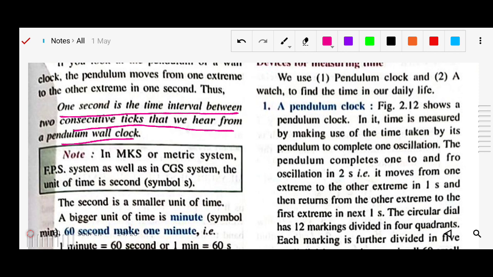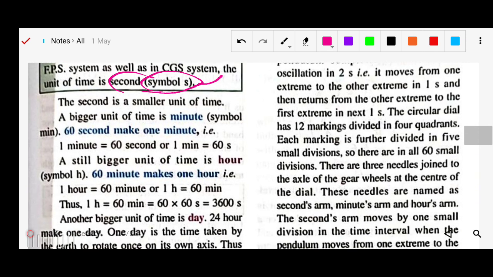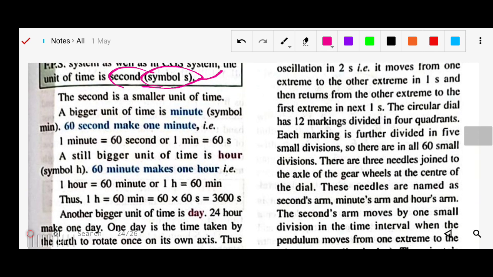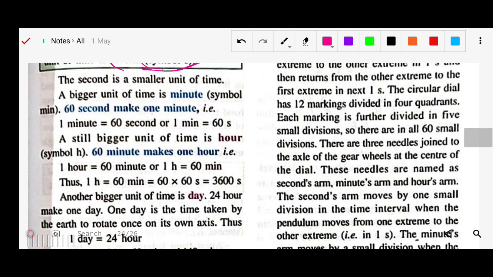Now in the MKS or metric system, the FPS system, as well as the CGS system, the unit of time is the same: second. Whether you follow MKS, FPS or CGS, everywhere the unit is second, right? The second is the smallest unit.